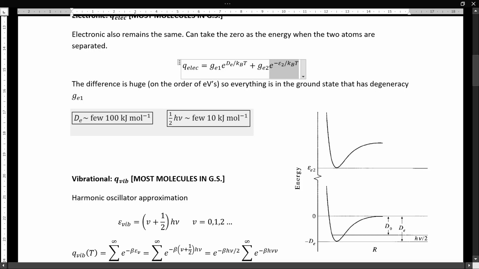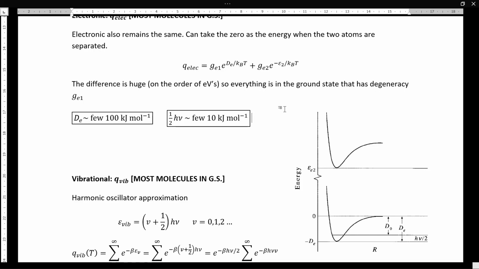And the vibrational energies are only a few tens of kilojoules per mole. So now if these are going to be 100 kilojoules per mole, everything is going to be in the ground state. We have seen this in the previous lecture also. So I really don't have to worry about the excited states at all. We'll see that later also.